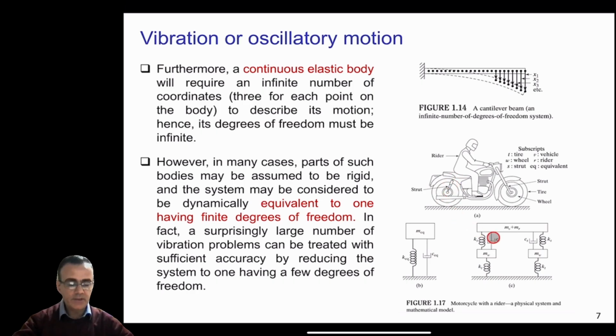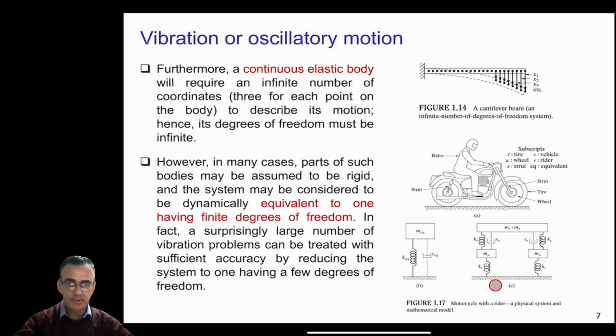So then you can say that these are the stiffness of the struts and the damping of the struts on both sides, on both wheels. And you have then the wheels here, so the mass of the wheels, and then you have the stiffness of the tires. So you can convert a real life application to some simplified mathematical models.